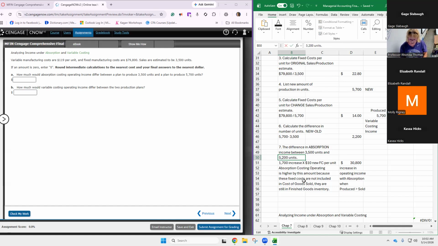That's what they're asking. So there's a way to calculate this. So you do need to know that it's the produced part that has changed.